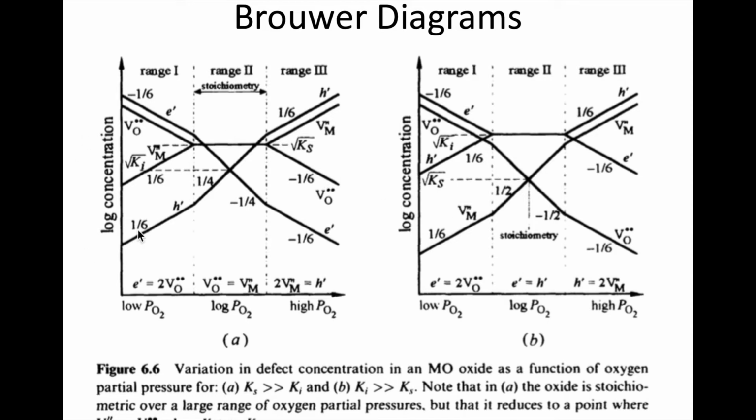So on the y-axis, we see concentration, and particularly log concentration, so large changes in concentration of various species like oxygen vacancies, metal vacancies, intrinsic vacancies here, holes, etc. And this concentration is a function not of temperature or something like that, but of oxygen partial pressure.